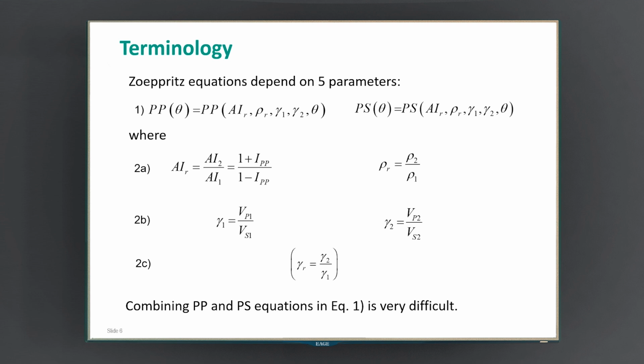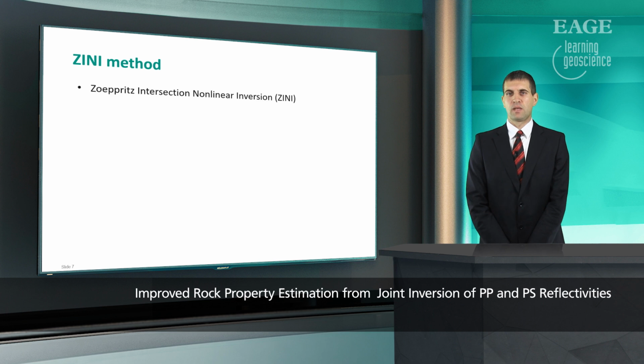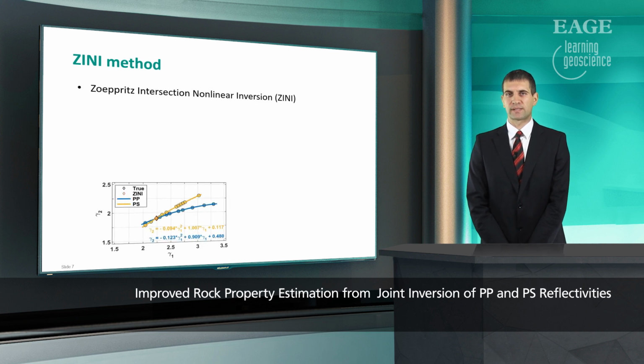1 respectively. The time has come to briefly introduce the joint P2P, P2S inversion method, called Zoeppritz intersection nonlinear inversion, or briefly ZINI. Its essence is to reduce the complex Zoeppritz P2P and P2S equations to quadratic or linear algebraic equations, as the figure reveals. Both Zoeppritz equations will give a range of models satisfying the criterion measuring the misfit between the model and the observation.